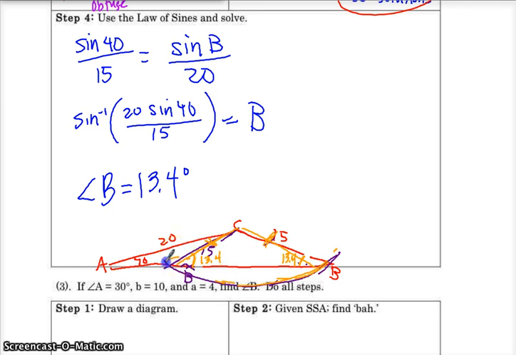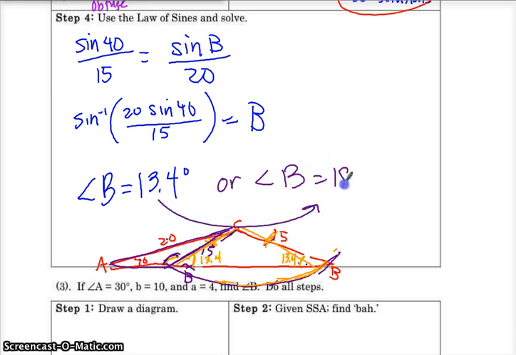That means my other option for this obtuse triangle option, where the side length is 15, the side length is 20, and angle A is 40, my other option for angle B is the supplement of whatever angle you found, right? Because these two angles are supplementary. So my other option is to take 180 and subtract 13.4, right? So my other option for B is 166.6 degrees.